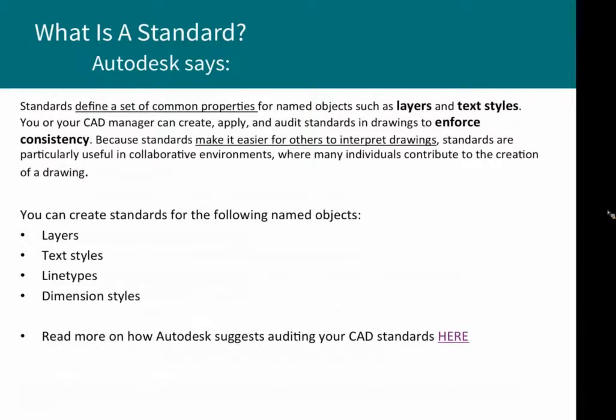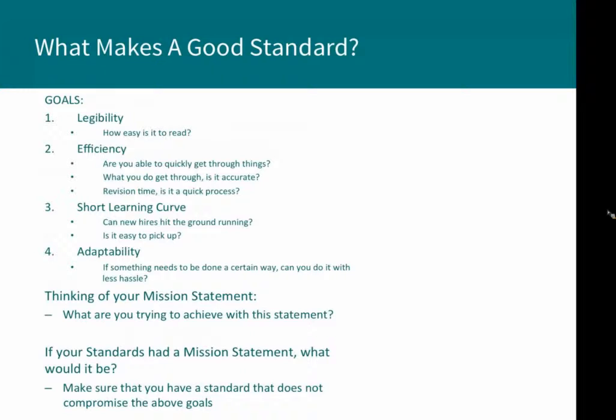So how do we actually accomplish that? We're going to go a little deeper into what actually makes a good standard. The goals, obviously: we need to have the plan be easy to read. It needs to be efficient so that we can move through projects and not linger.